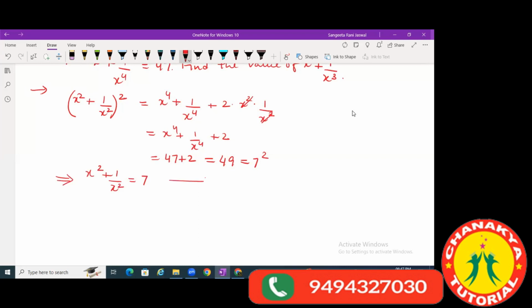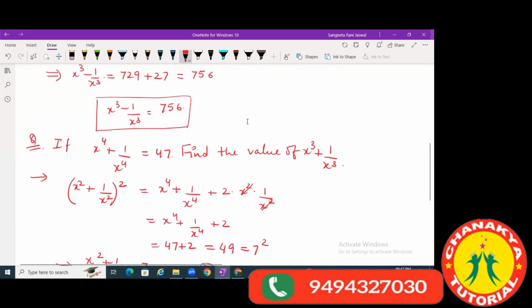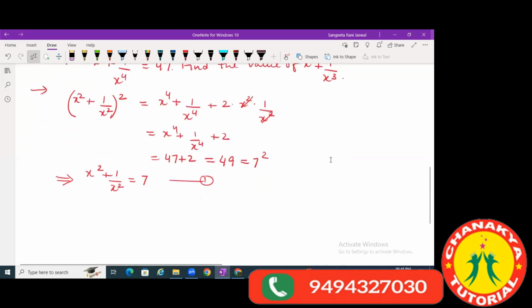Ma'am, if the 2 goes that side, then it will be 45. It's 47, beta. No, ma'am, we are getting x to the power 4 plus 1 by x to the power 4 plus 2 is equal to 47. So 2 going that side will become minus.